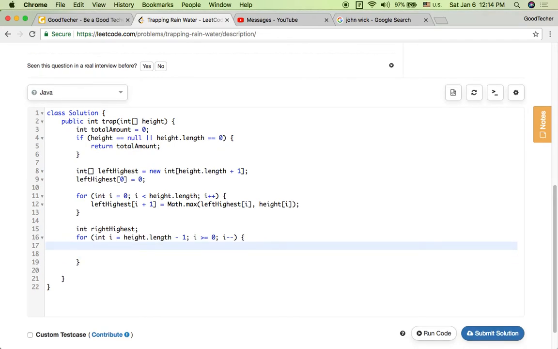And we are going to update the right highest. So right highest at the beginning is always 0, the last one always 0. So right highest is max of the current height and right highest.